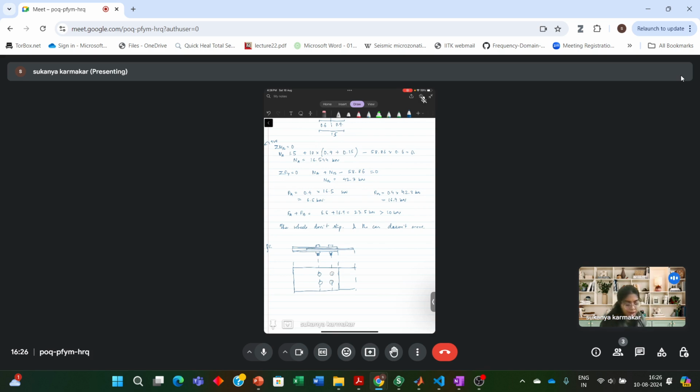So this is the kind of system which you have here, and here you are applying a force of P. Here you are applying a force of P by 2. Here you are applying a force of P by 2.